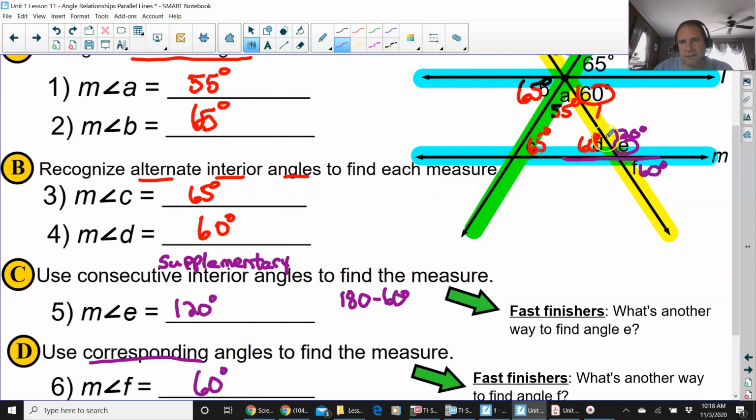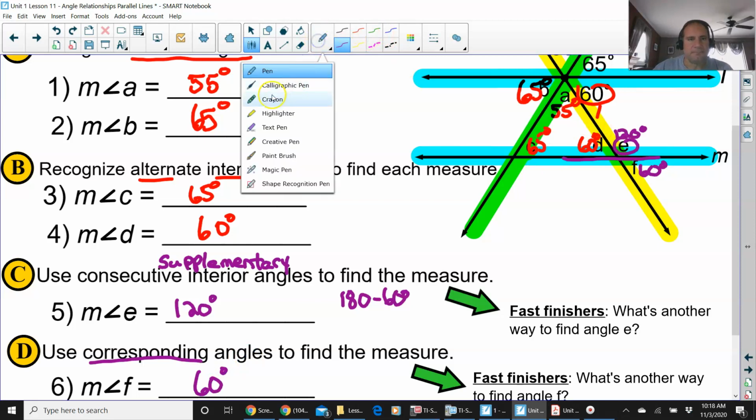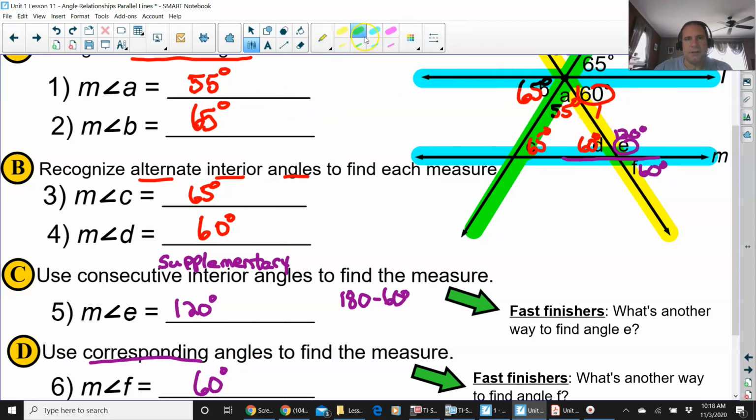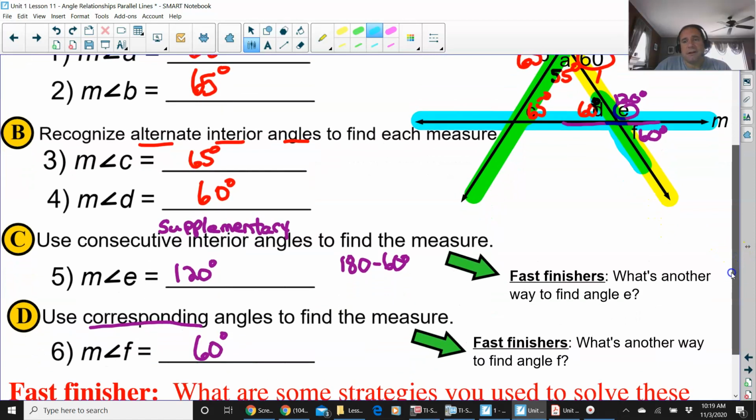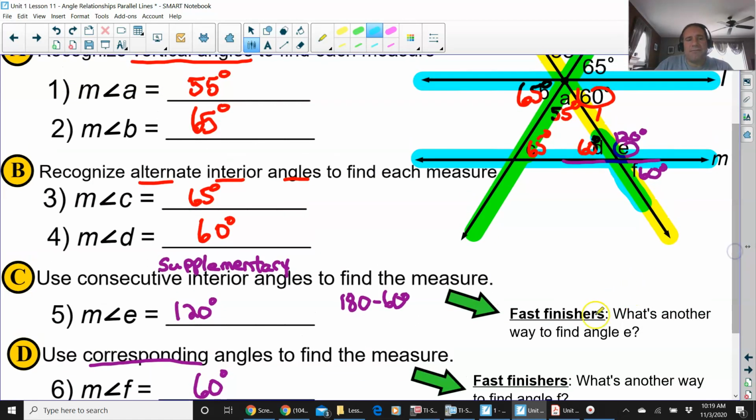But I'm looking at this right here as a straight line. If it's a straight line, you do 180 minus 120, you can get 60 right there just by using supplementary angles. What's another way to find angle E?